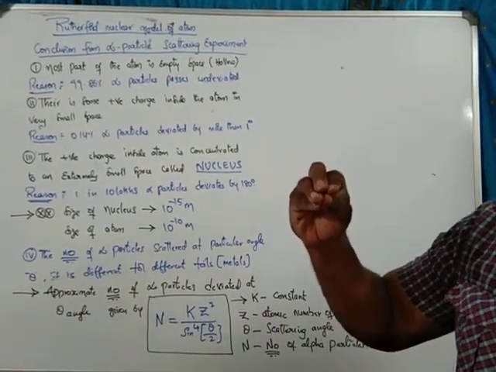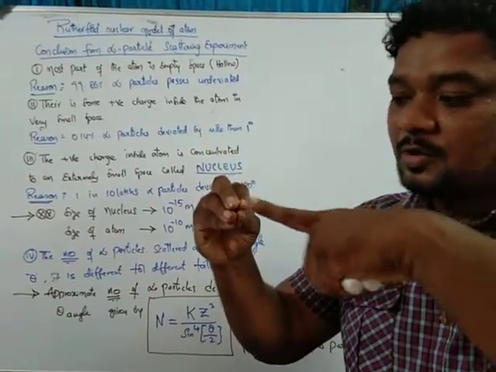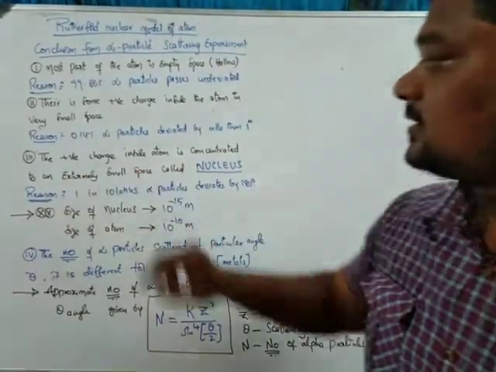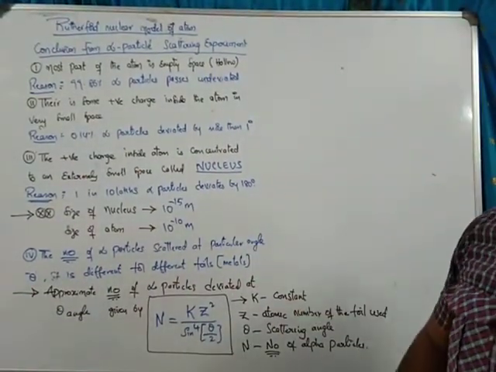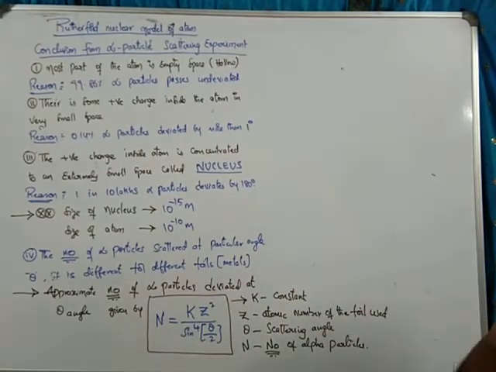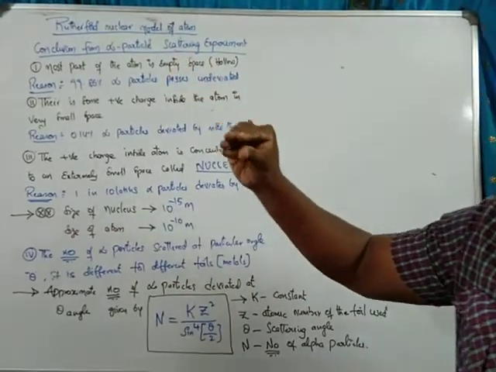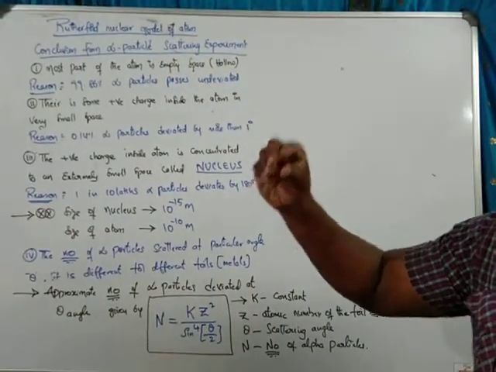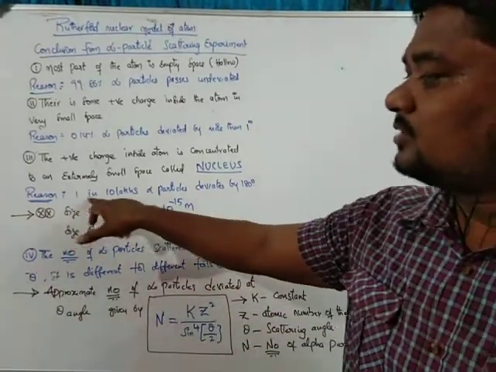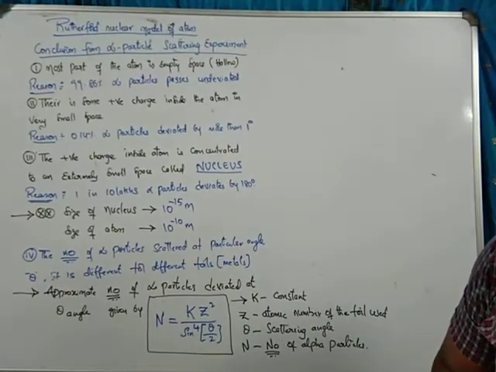So whenever an alpha particle reaches that point, it is deviated. That is, the positive charge inside the atom is concentrated in an extremely small space called the nucleus. Reason: because we consider the small space only at the center, 1 in 10 lakhs alpha particles are deviated by 180 degrees.